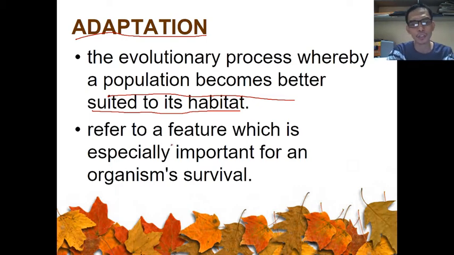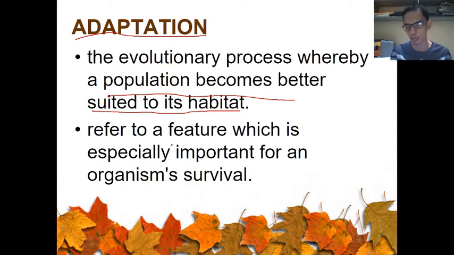Some structure of that organism will be best suited to that particular environment. Therefore, the body structure of that organism will likely evolve into something useful to that particular change in the environment. So when the organism adapts, it will survive.